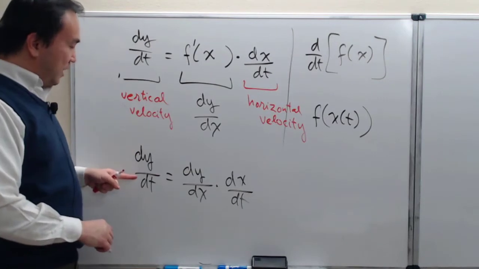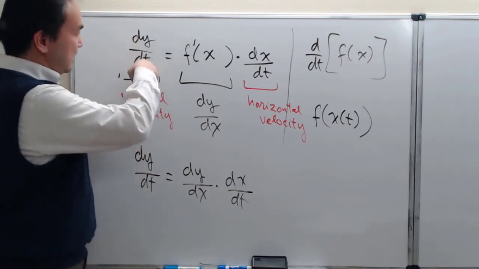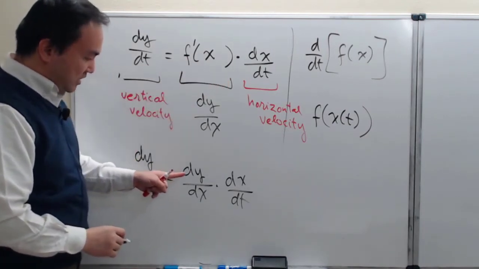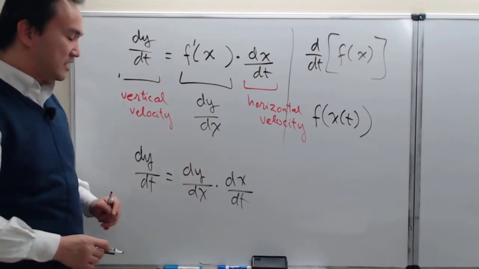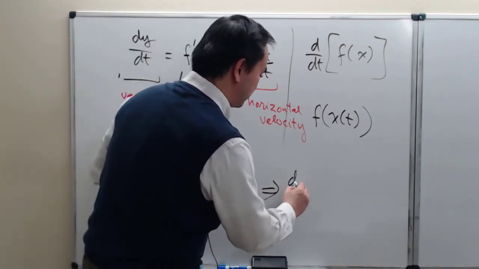And the dy dt is, on the other hand, the vertical velocity. So either you can understand it that way, or see it as dy dt equals dy dx times dx dt.